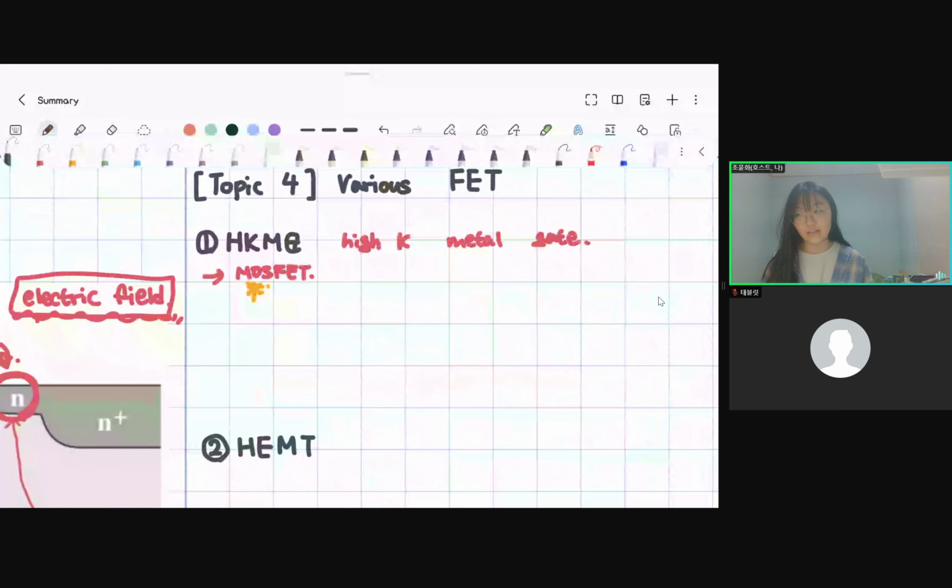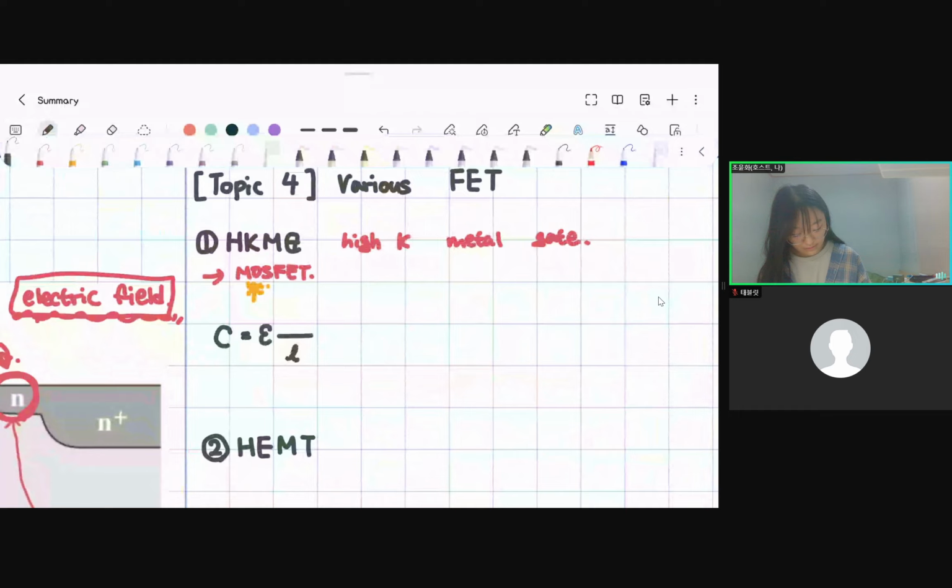By enhancing the device, it is important to make the capacitance higher. The capacitance is epsilon times area divided by thickness, but in the device we don't consider the area here.